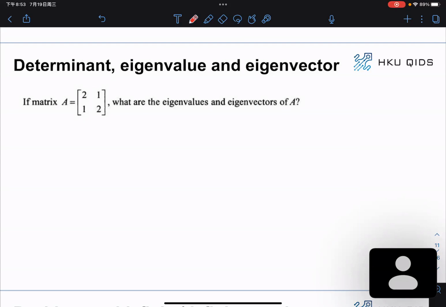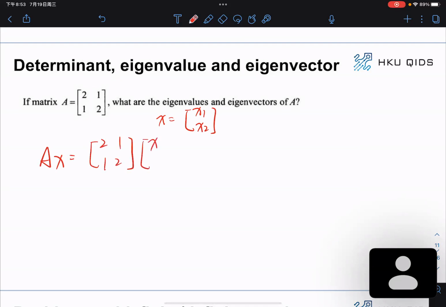So we set the eigenvector as x = (x1, x2). Then Ax is going to be [[2, 1], [1, 2]] times (x1, x2), which is going to be (2x1 + x2, x1 + 2x2).